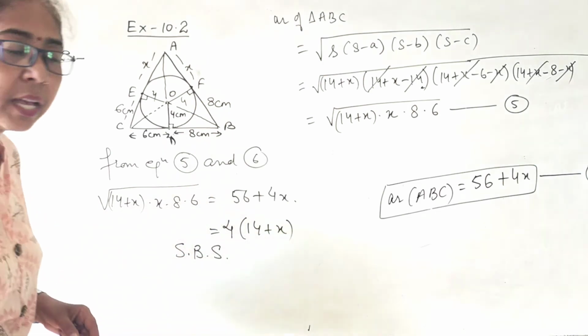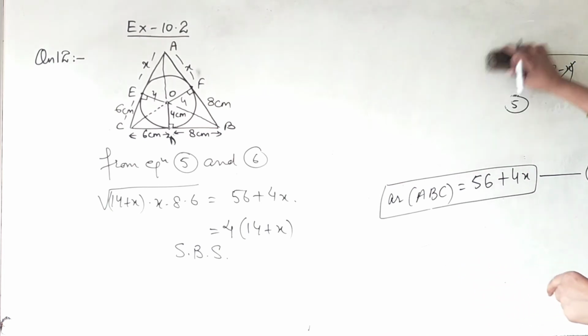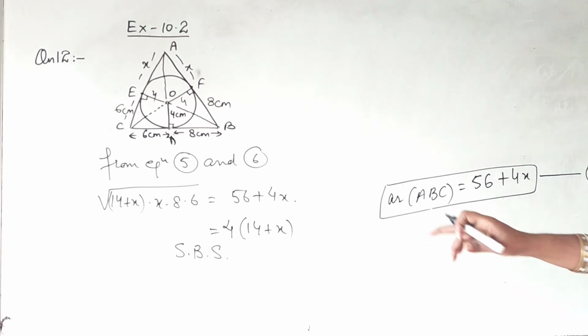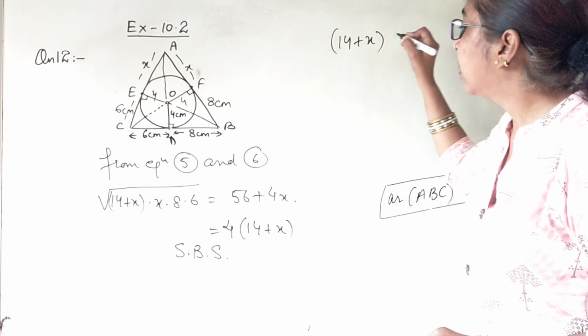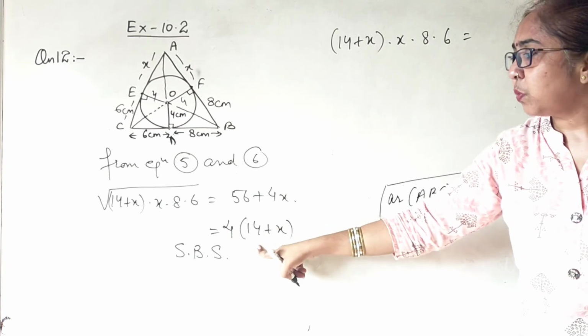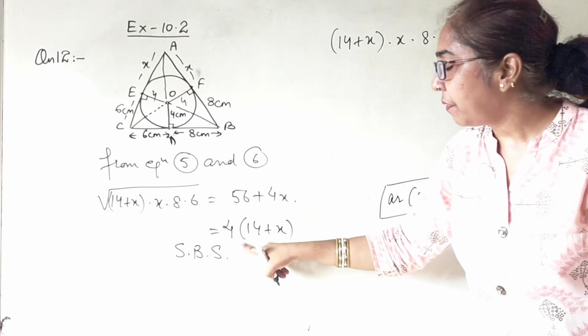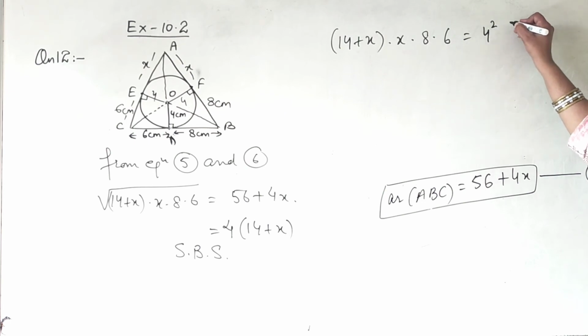After squaring both sides, what do we get? This will be 14 plus x into 8 into 6 equal to, because if I square the whole, this will be 4 square and 14 plus x square. It will be like this.